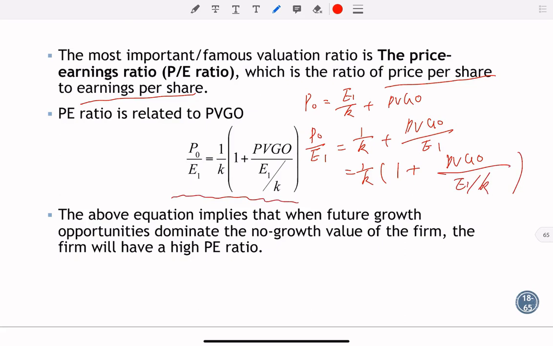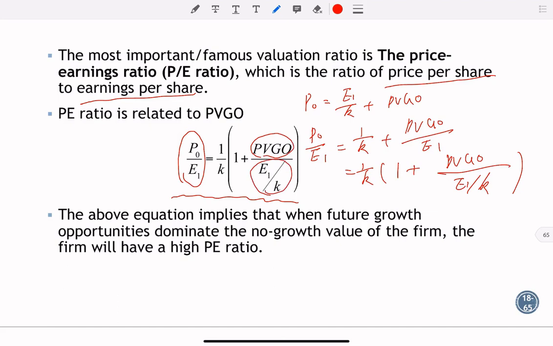This is a mildly interesting formula. It basically tells you that a stock's P/E ratio is determined by the ratio of PV goal versus the no growth value, right?